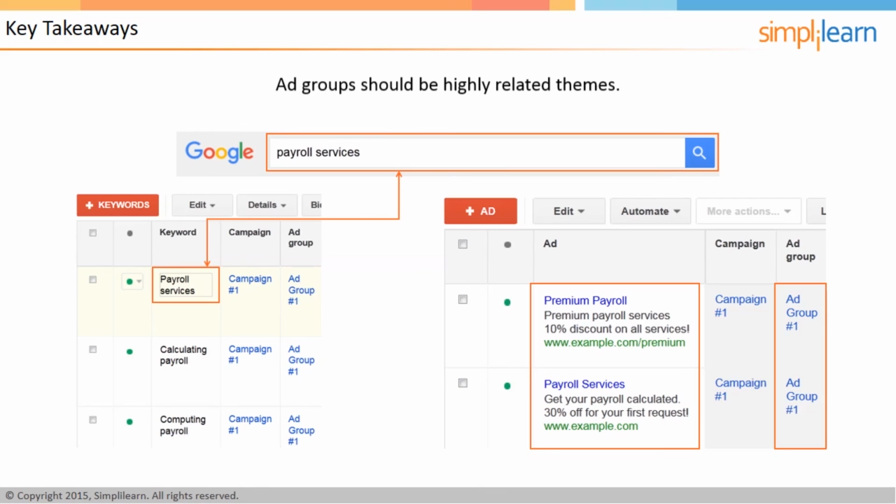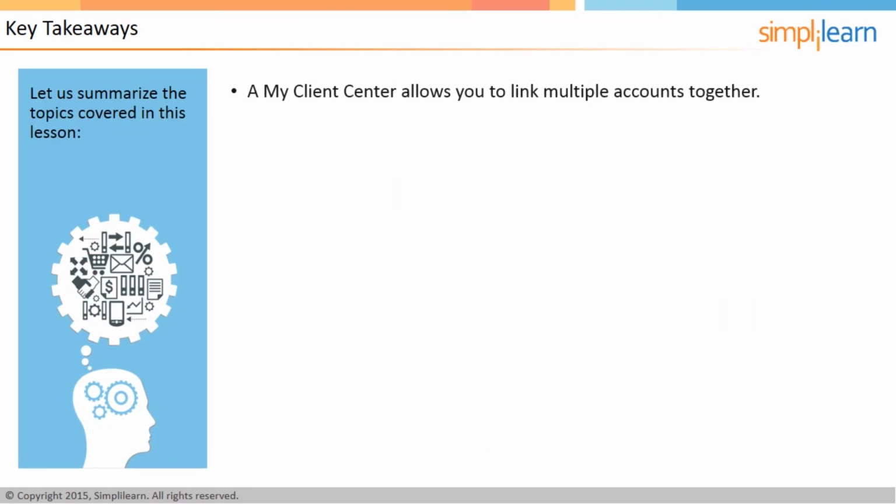If you look at a search query and you see that you have a better ad group or landing page or ad for that query than the one currently showing, you should make another ad group so that the queries, keywords, ads, and landing pages are all highly interrelated to each other, because that makes sure that users doing a search see ads related to what they do, see a landing page related to what they're looking for, and that's going to increase the number of people who actually do business with your company.